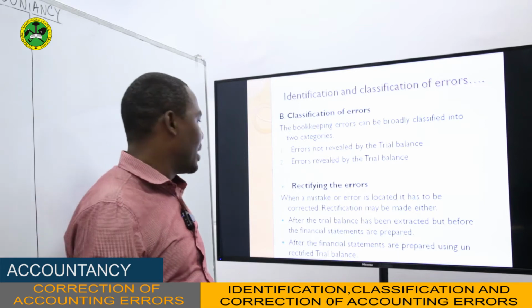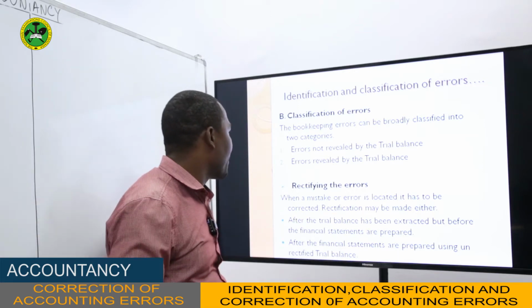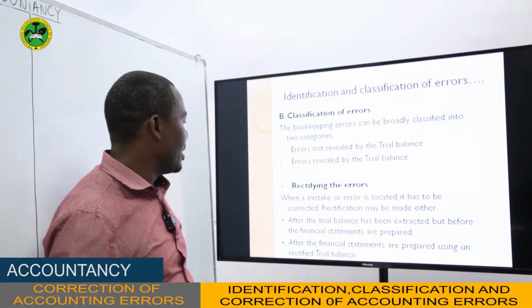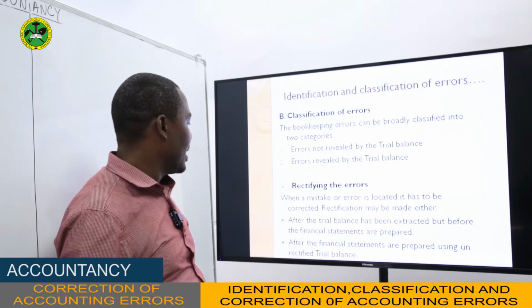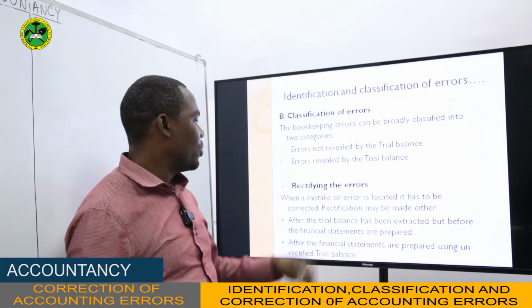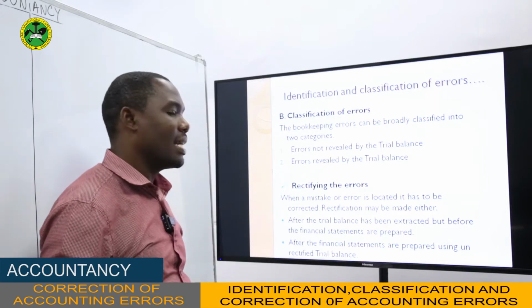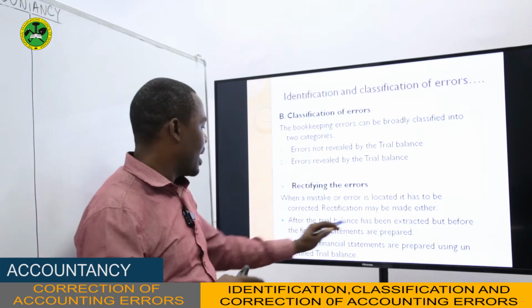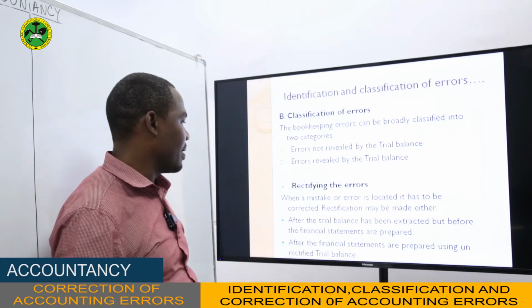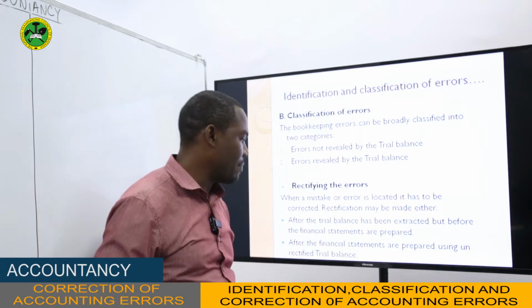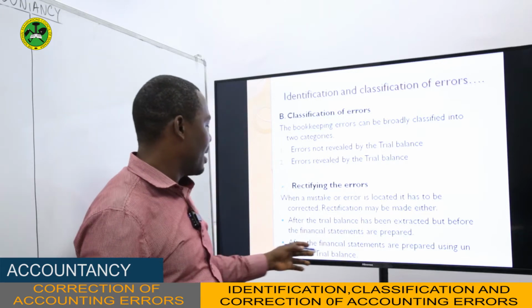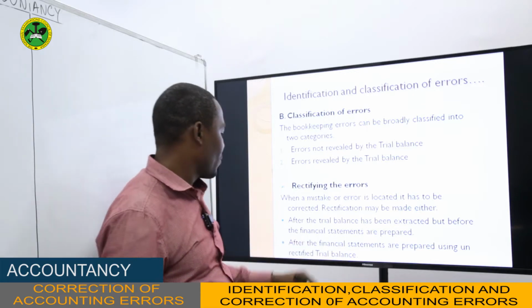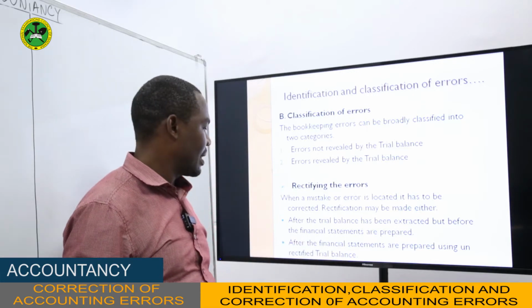And we know that when these errors are located or have been detected, they need to be rectified. The rectification, as I said before, may be after the trial balance is extracted but before the financial statements are prepared, or after the financial statements are prepared by using a rectified trial balance.